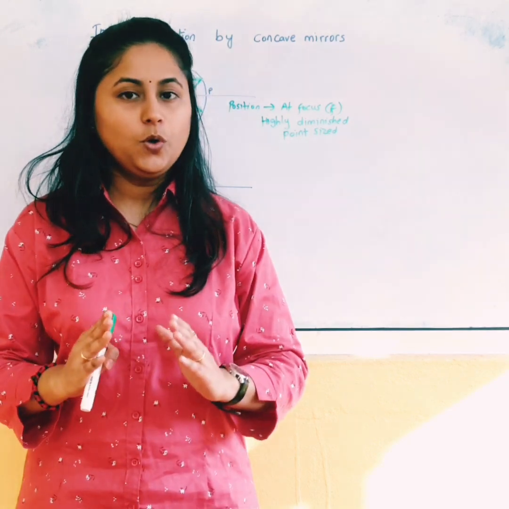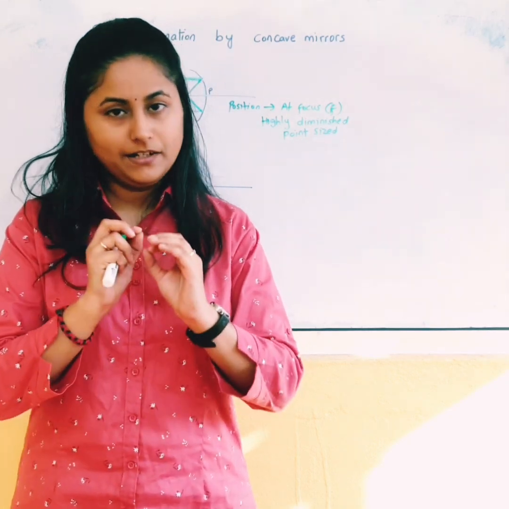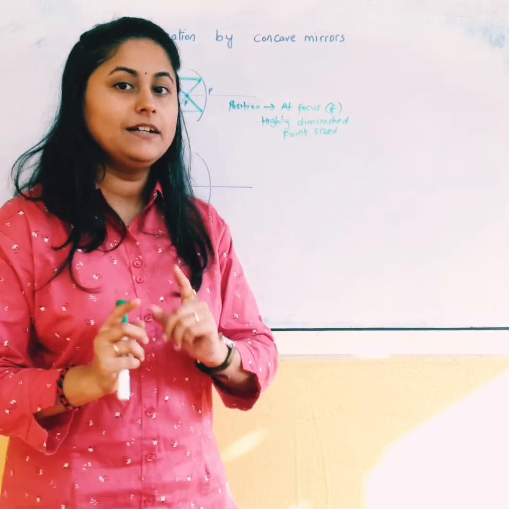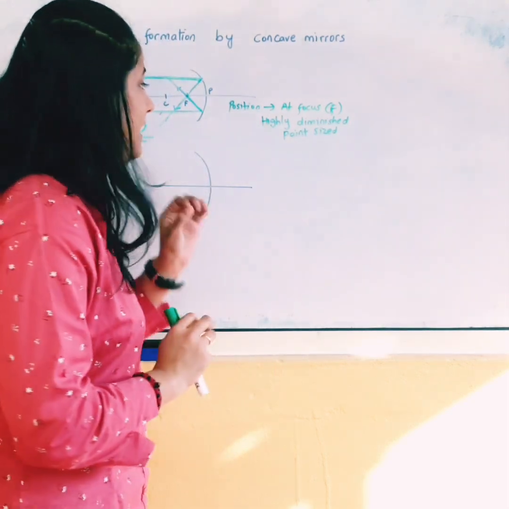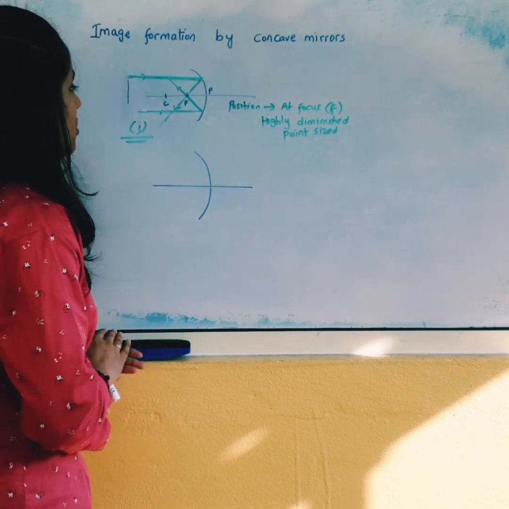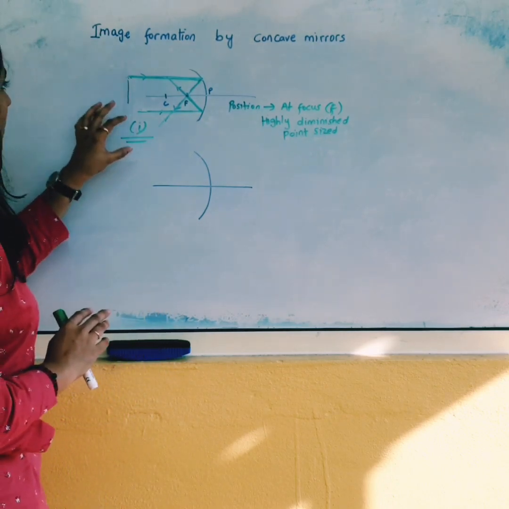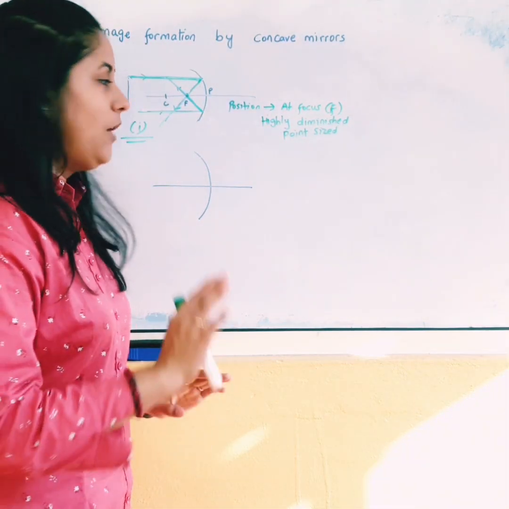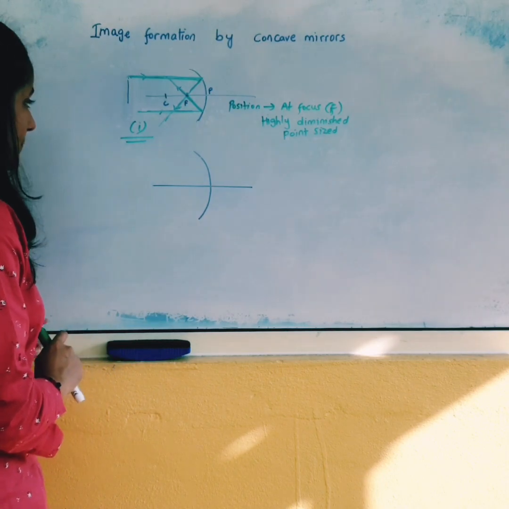We take any standard incident rays from the ray diagrams, and when they get reflected, the intersection point gives the position of the image. Under image formation there are 6 cases, and we are learning the first case now.